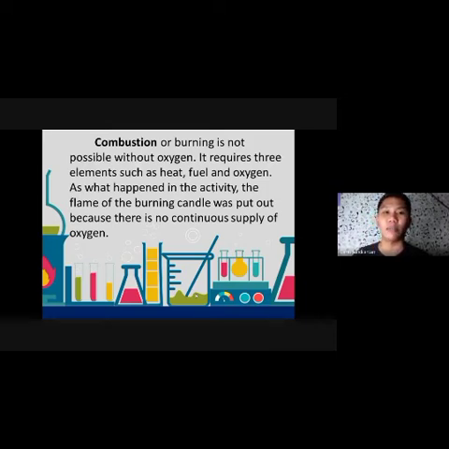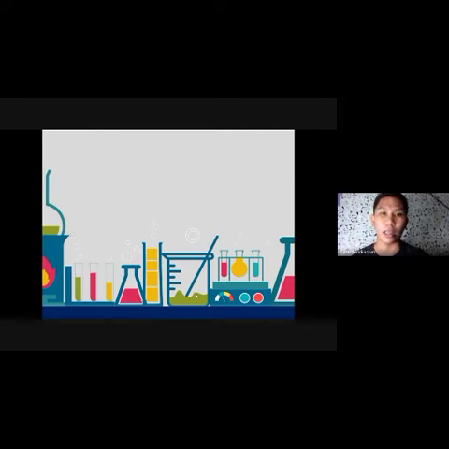What happens in the activity? The flame of the burning candle was put out because, okay, we already have the activity 1.1. Napansin nyo sa candle, yung tinakpan yung kandila, namatay yung apoy because there's absence of oxygen. So therefore, kung walang oxygen, walang apoy na mangyayari.